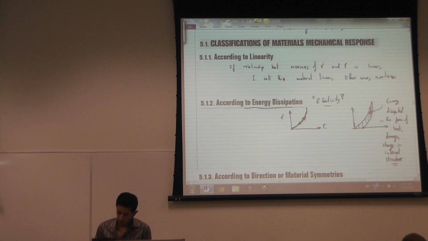So an elastic material is a material that does not dissipate energy.